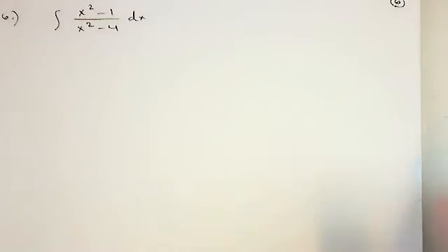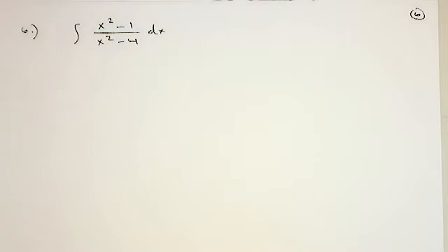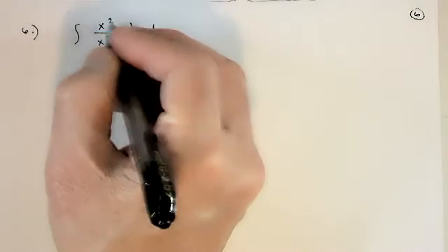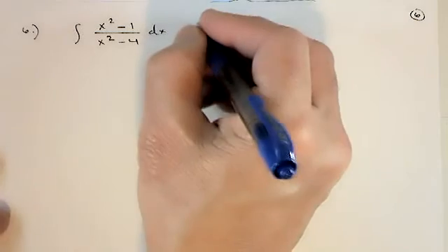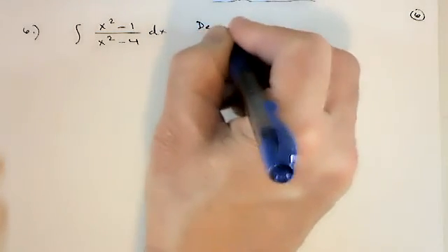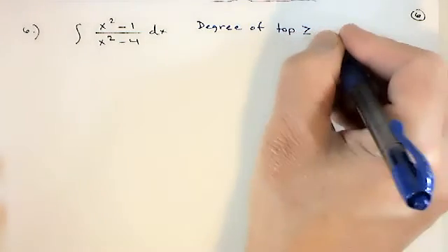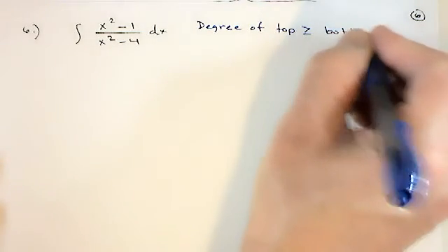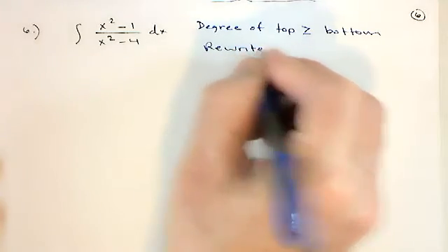Okay, let's see. Yeah, I'm going to skip that one. I'm going to go to number 6 here. So another thing to watch out for, something we talked about, I think even just the last time we met, that if you're integrating a fraction and the degree of the top is greater than or equal to the bottom, even if they're equal, you must first rewrite with long division.